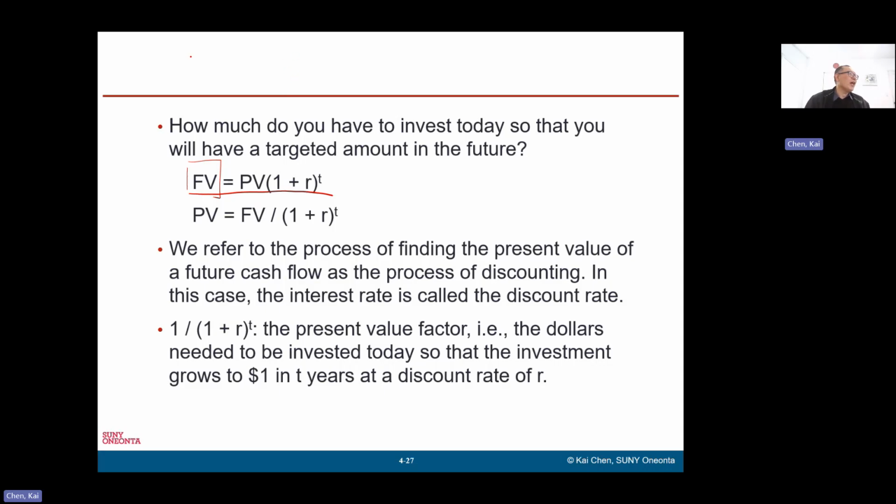Now we have the future value formula. Future value, this is known, equals PV, which is unknown, times 1 plus R raised to the power of t. R and t are known. Then in order to solve this equation for PV, we divide both sides by 1 plus R raised to the power of t.